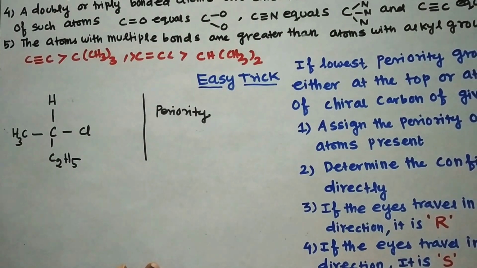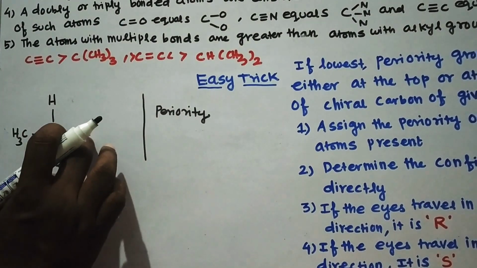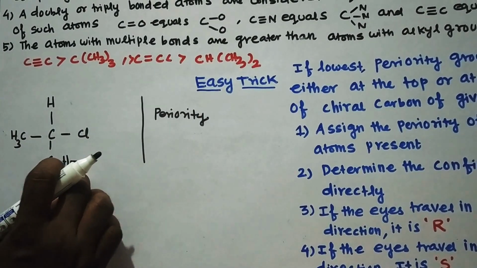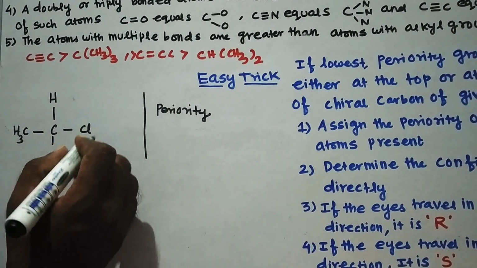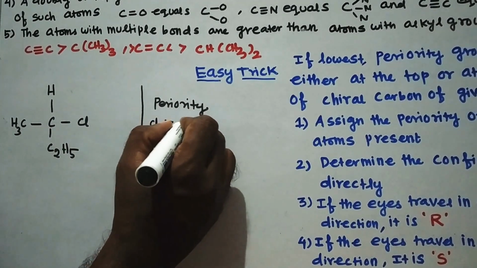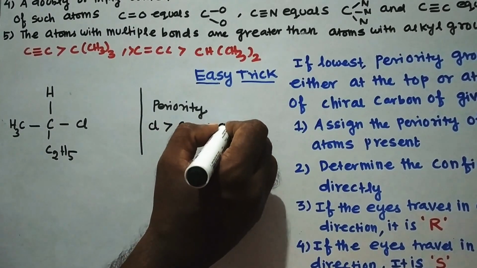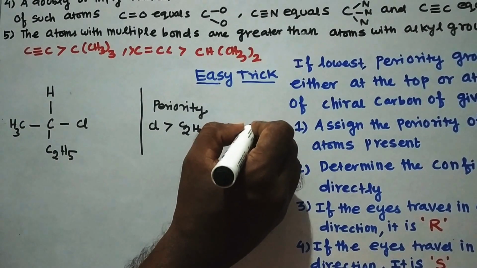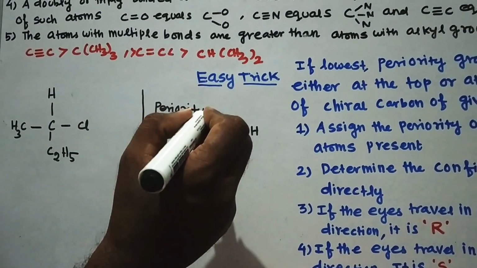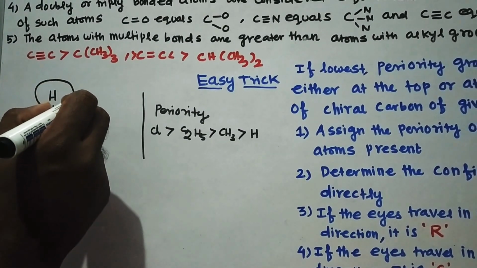Now we are going to see H, C single bond Cl, CH3, single bond C2H5. Now we are going to assign the priority. Chlorine is higher than C2H5, C2H5 is greater than CH3, then greater than hydrogen. Therefore, the lowest priority group, hydrogen, is present at the top of the molecule.